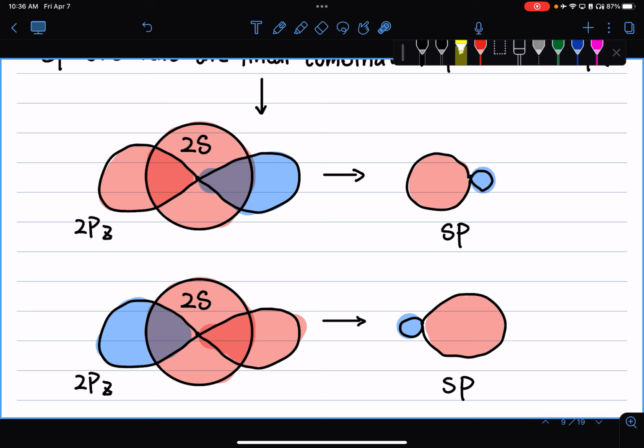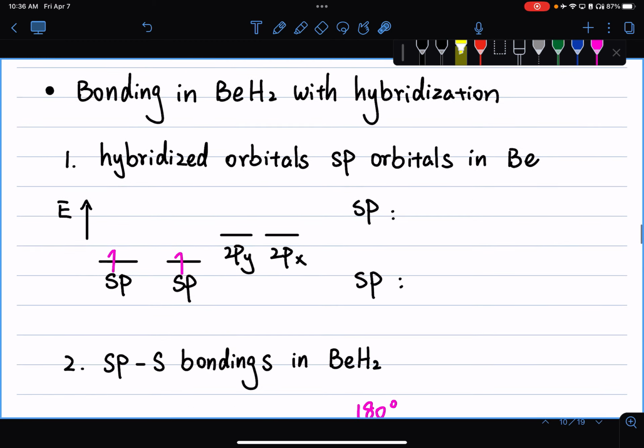With the hybridized sp atomic orbitals in hand, we can then move on to explain bonding in beryllium hydride, or BeH2. So what it means is after the hybridization, now we have two singly occupied sp atomic orbitals. And the two of them will have different shapes depending on how you shade that p atomic orbital.